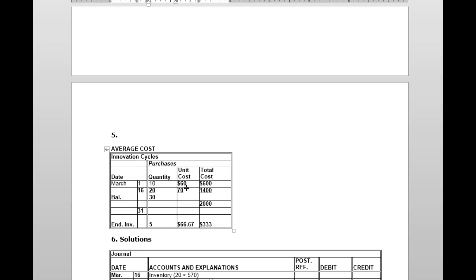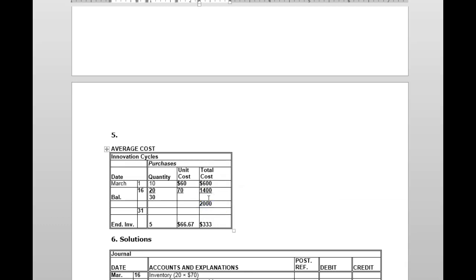You're going to average those. So what you end up having is, how do I want to put this? This is 2,000. And I put it in the wrong place, I'm sorry.